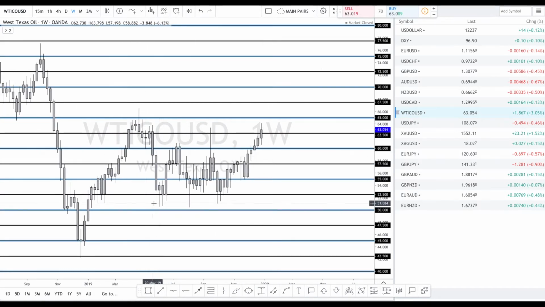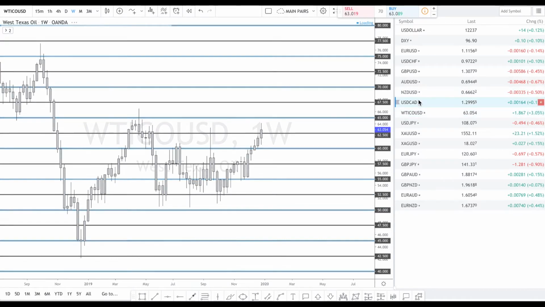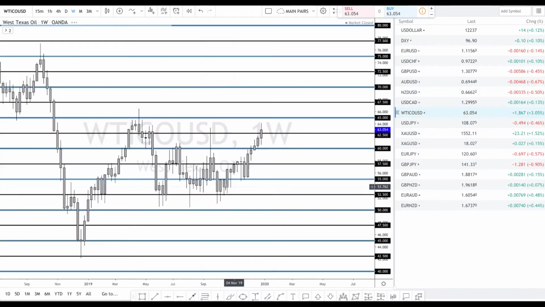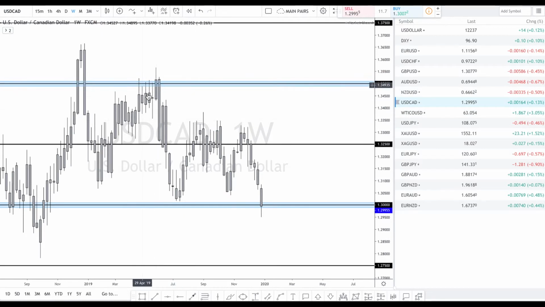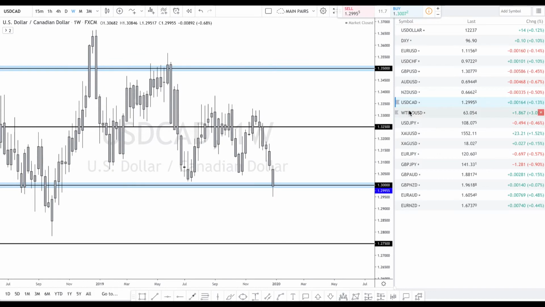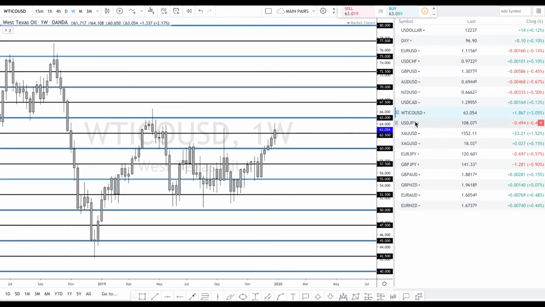So you can see oil started bottoming out around June, September, where CAD started to top out around April, May, June, and from June into September you can see oil started to top out. So they've got a correlation, whereas if US dollar CAD goes down, US oil goes up.